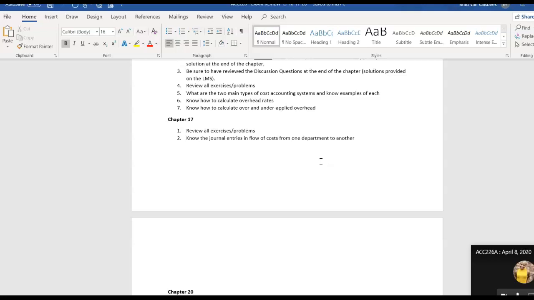In 16, we went from raw materials to WIP, WIP to finished goods. In 17, it's going from raw materials to WIP Department 1, then from WIP Department 1 to WIP Department 2, and then from WIP Department 2 into WIP Department 3, and so forth until finally it goes from WIP Department 6 into finished goods. That's really what is going on in chapter 17.